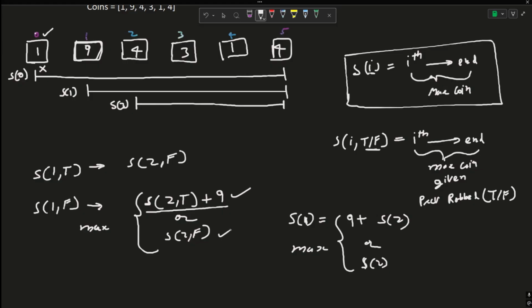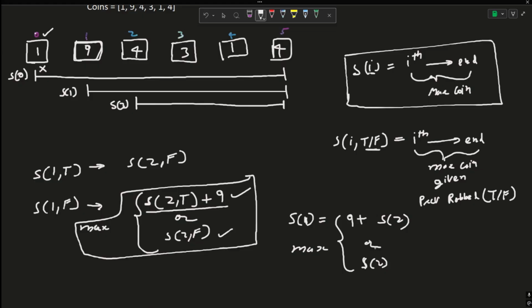This is also valid, this is also valid, because we haven't robbed the previous house, so we can loot this. This is a valid scenario, and we can skip another house again, so this is also a valid scenario, so we can get the max of these two scenarios.